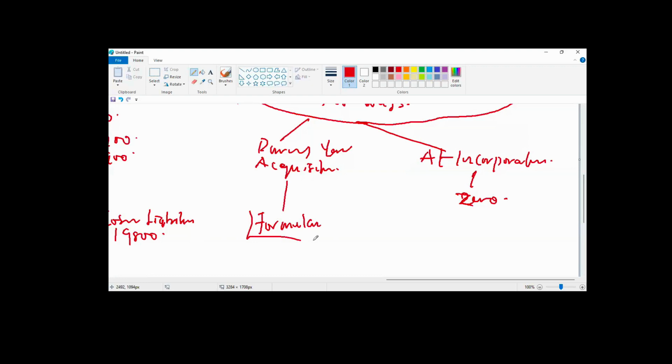Retained earning at the date of acquisition plus year ended profit or loss equals retained earning at SOFP. Isn't it? Don't forget, if I don't know the retained earning at the date of acquisition, I cannot do anything further.